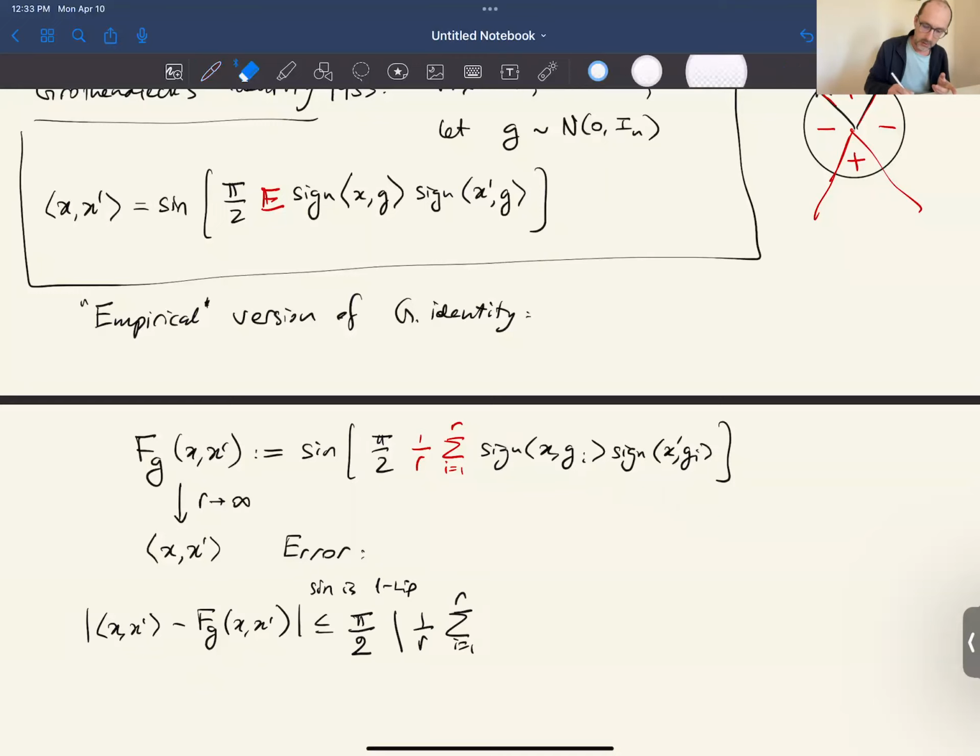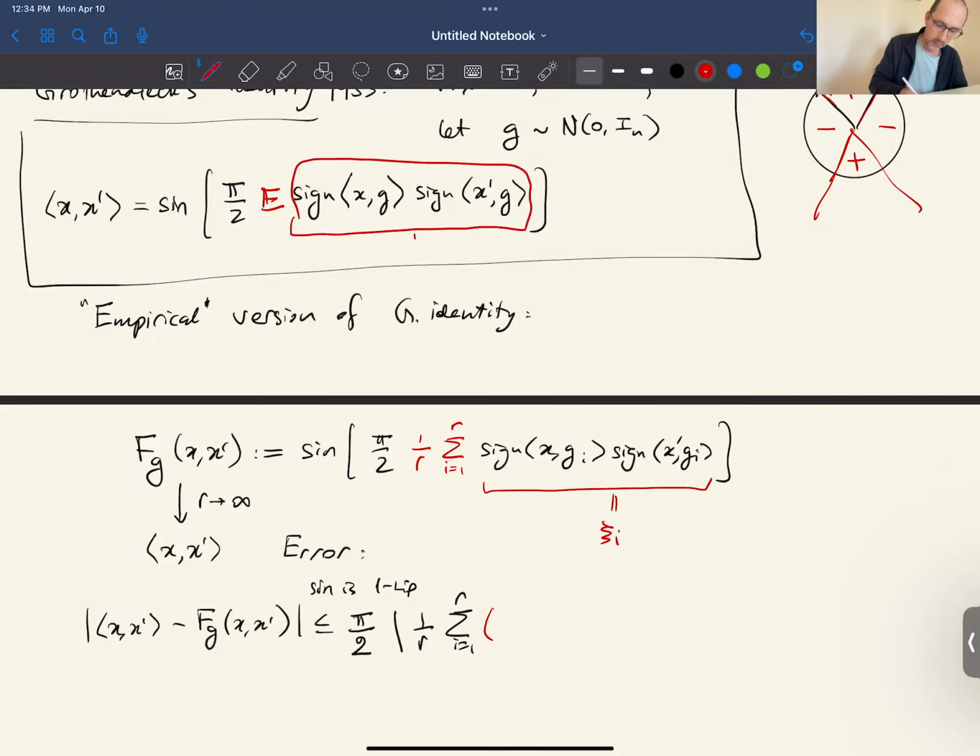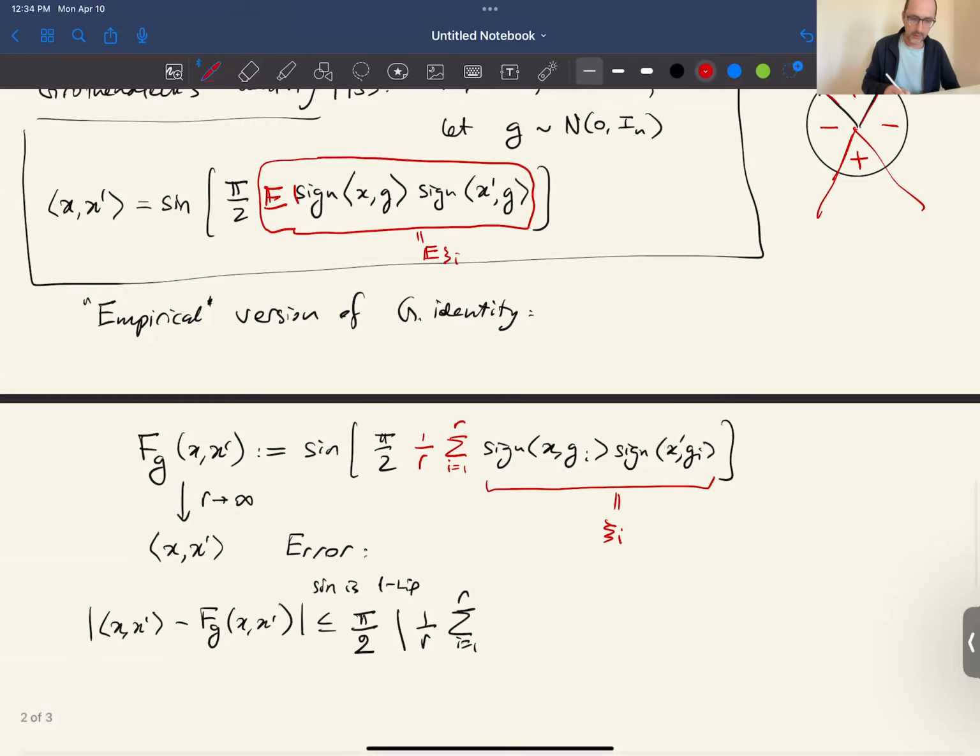Let me call these ones X_i's. So we just have the difference between the true value and the expected value: X_i minus the expectation of X_i.